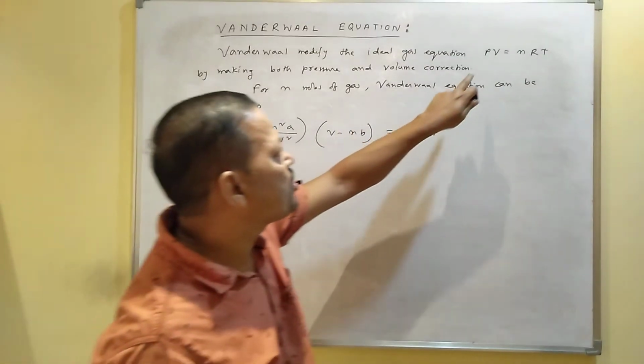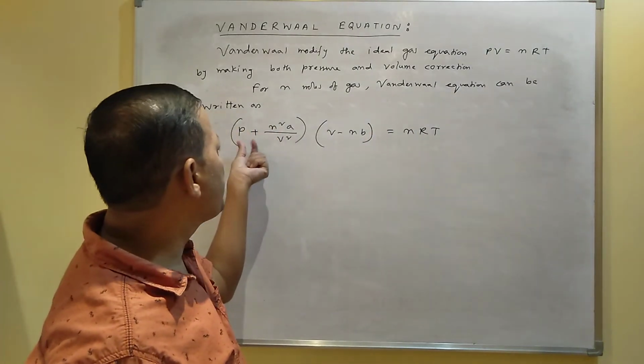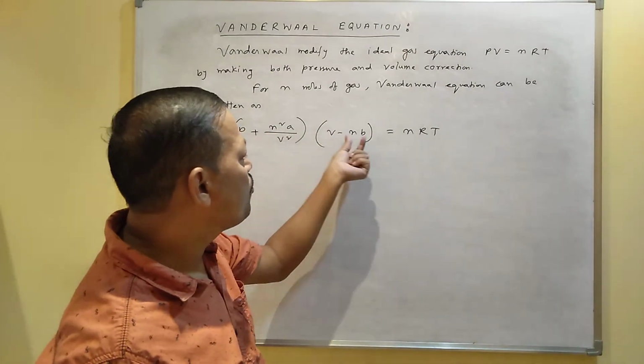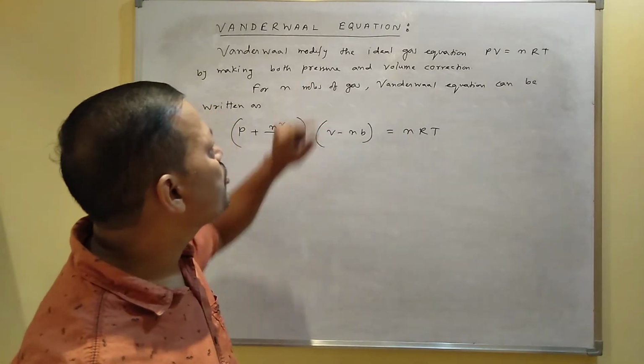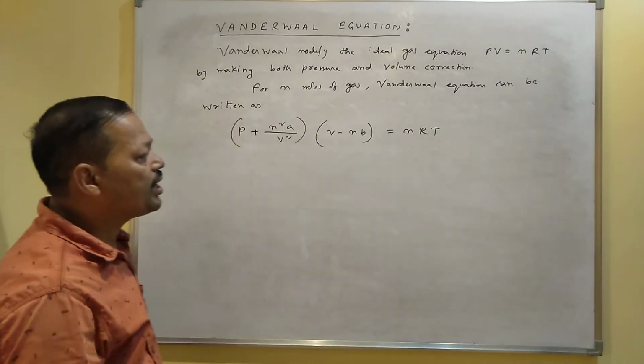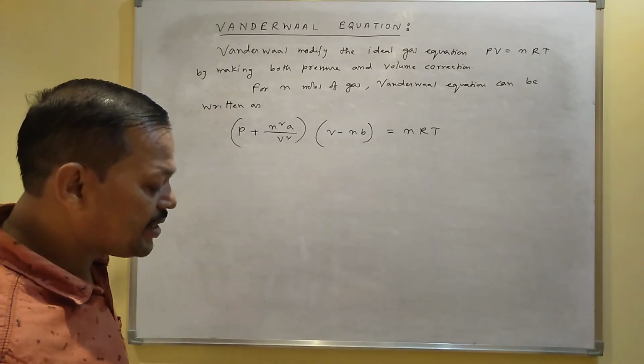Your ideal gas equation is PV equals nRT. He added something to the pressure and subtracted something from the volume. By correcting both, he put forward the van der Waals equation, which is said to be the equation for real gases.